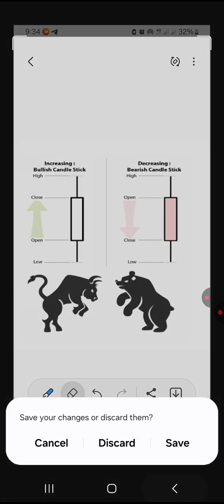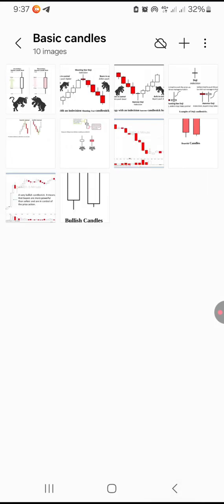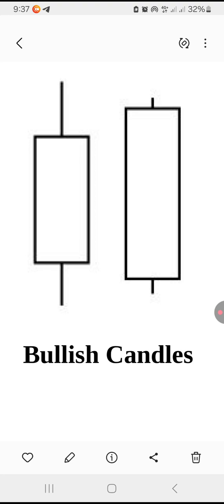Let me show you another bearish candle, another bullish candle. We've understood what a bullish candle is, right? So we said that a bullish candle means buyers were stronger. Price opened lower and closed higher. So now, this is what a bullish candle looks like.